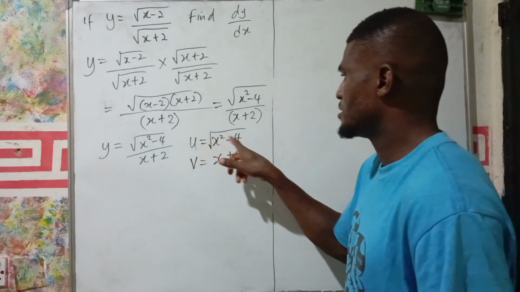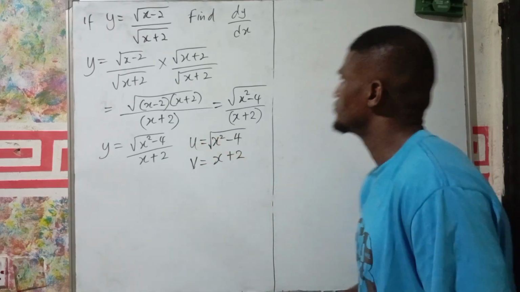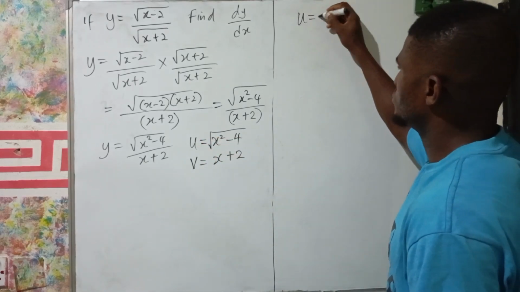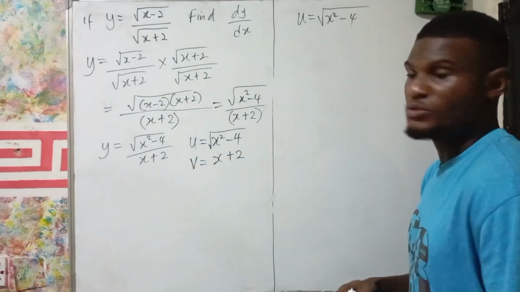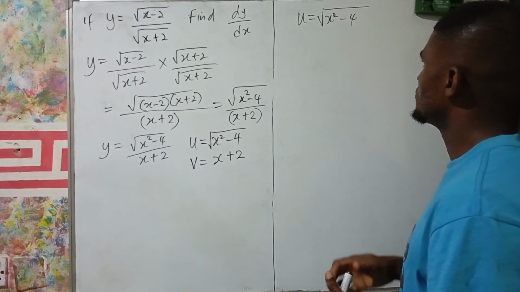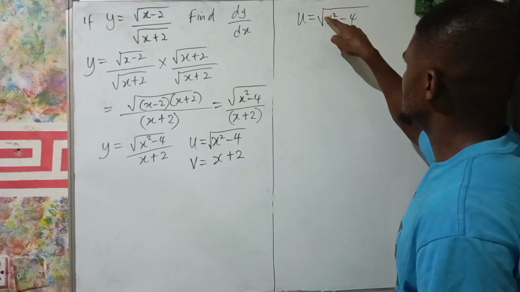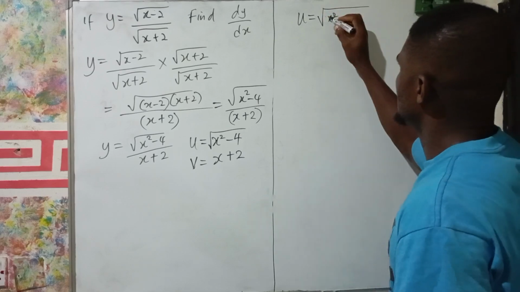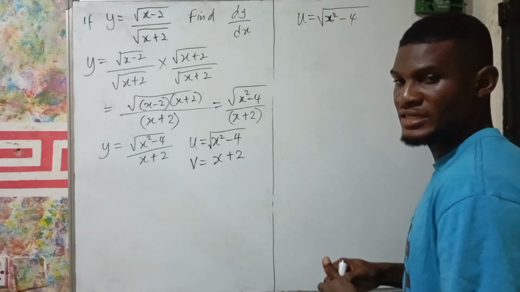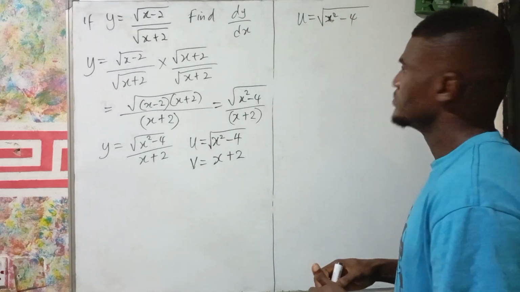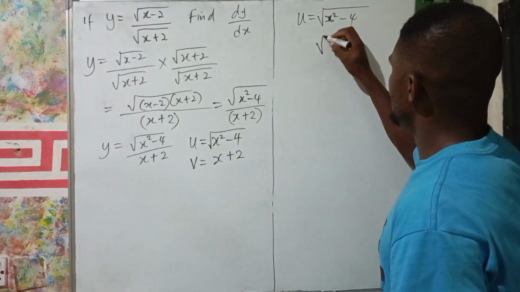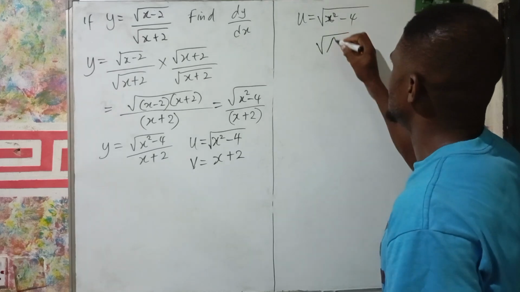Now to differentiate u is equal to the square root of x squared minus 4, we're going to apply chain rule. And to apply chain rule, we need to make what we have inside here a single number. So let's say everything that we have here is a single number, a.